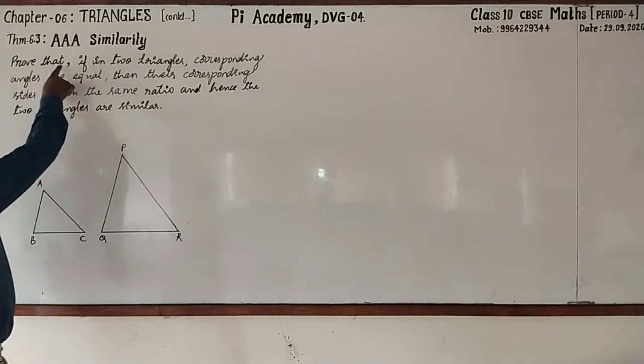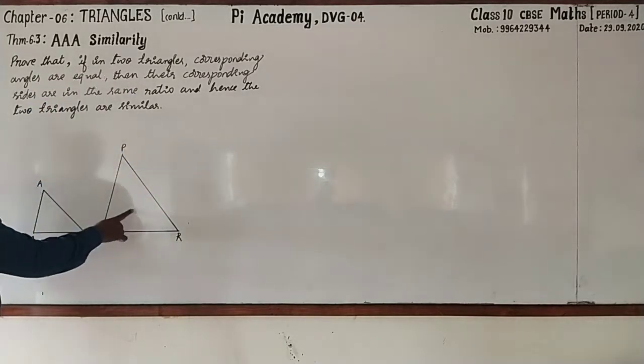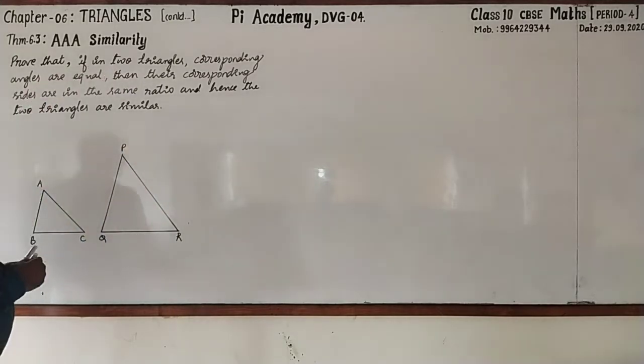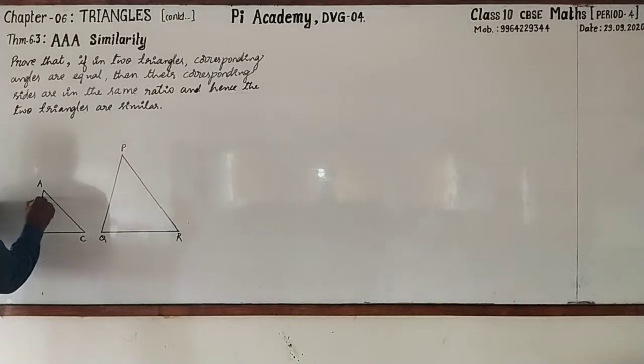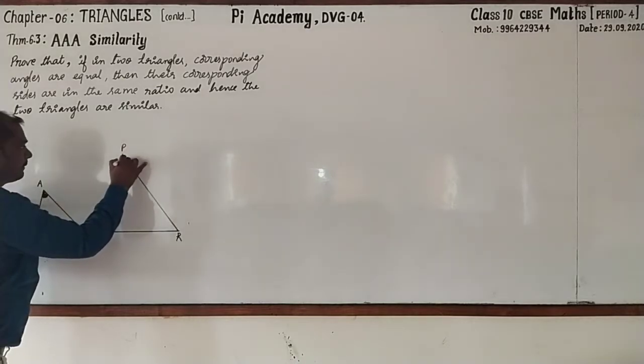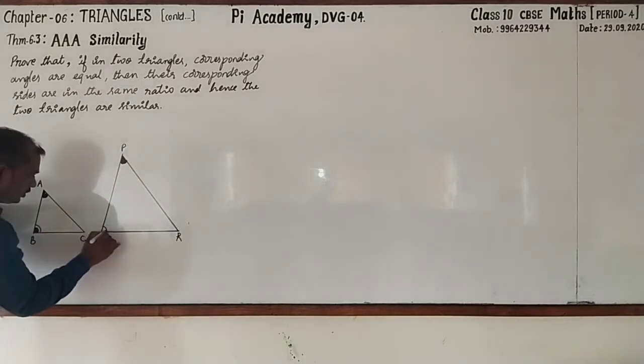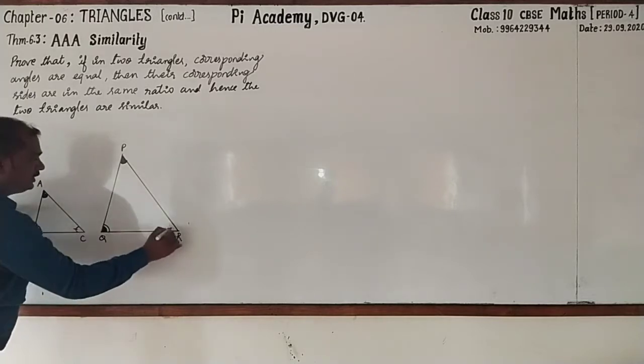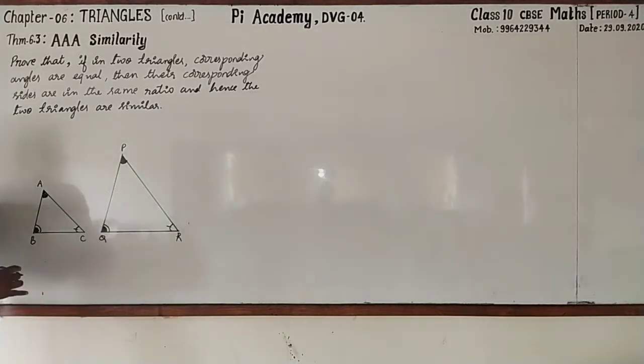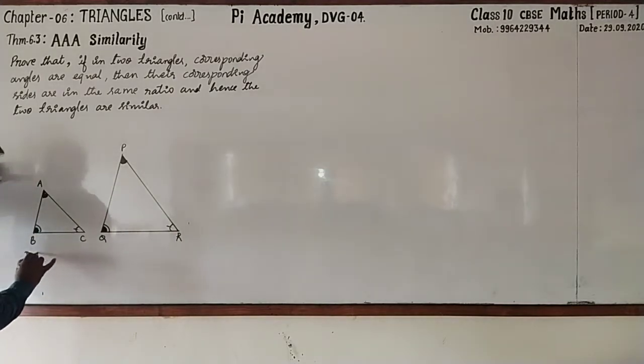See that if in two triangles the corresponding angles are equal, here I'll write angle A is equal to angle P. Angle B is equal to angle Q. Then angle C is equal to angle R. This much has been given. So how to write in data?